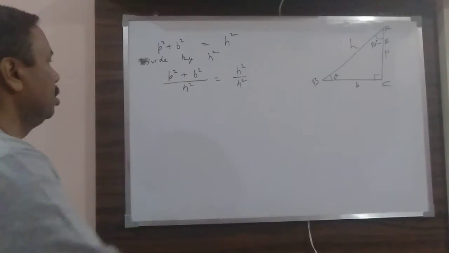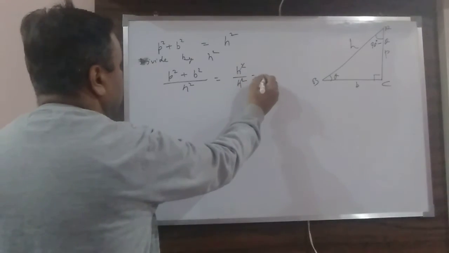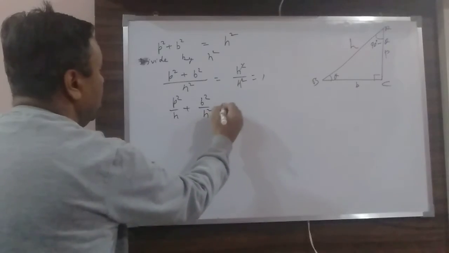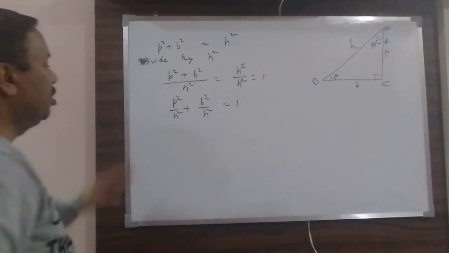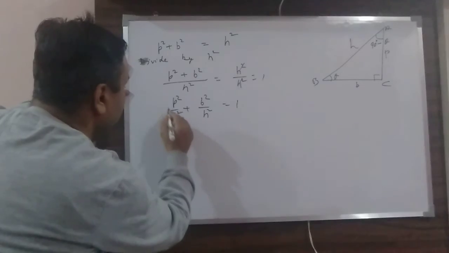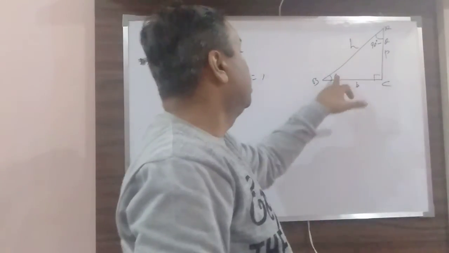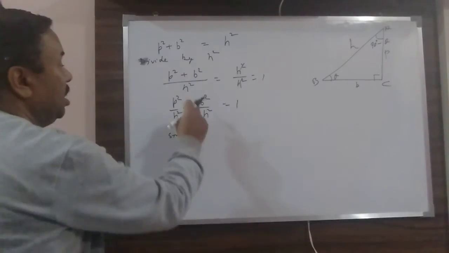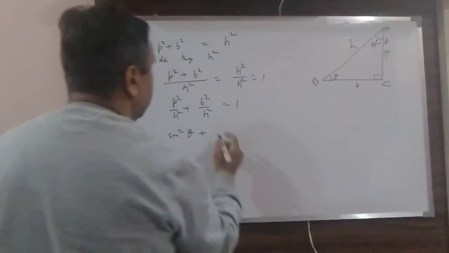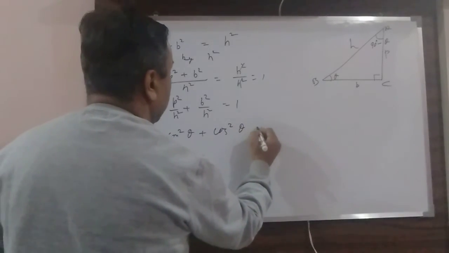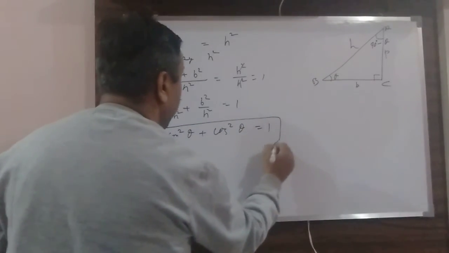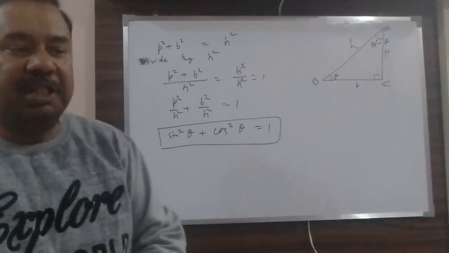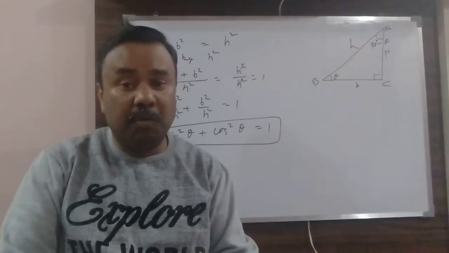So it becomes 1, and it will be P square by H square plus B square by H square equal to 1. And what is this P square by H square? That is P by H, which is sin theta. So I can write it as sin square theta plus, similarly B by H is cos theta, so I can write it as cos square theta is equal to 1. So whatever is the value of theta, you always get sin square theta plus cos square theta equal to 1.